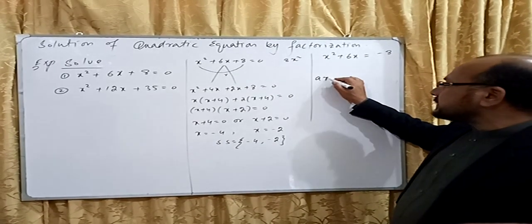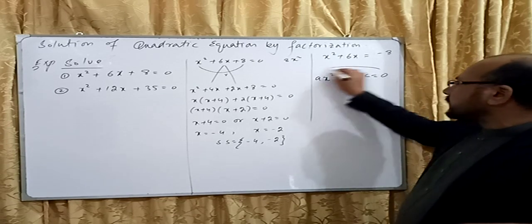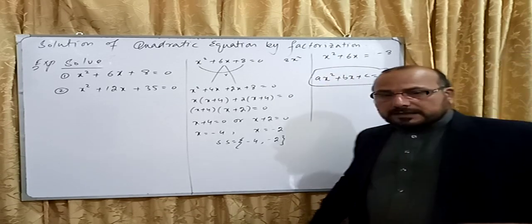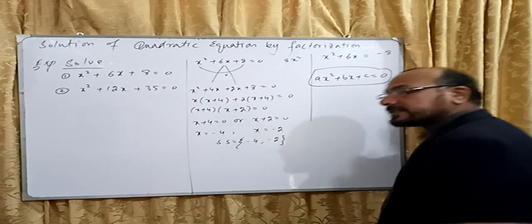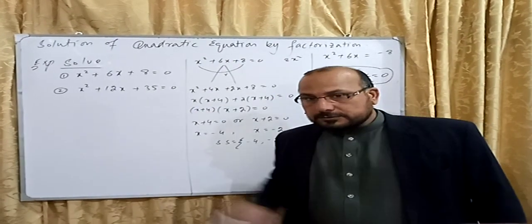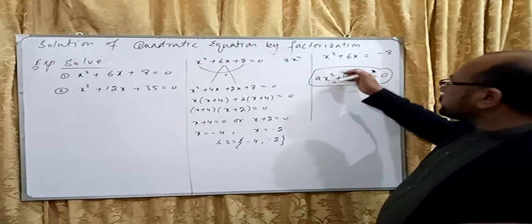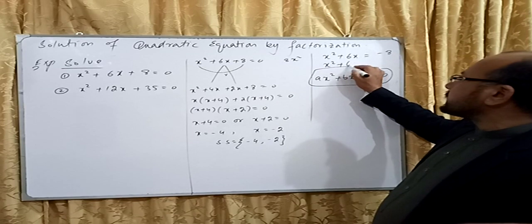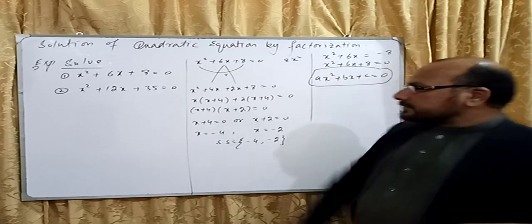The standard form says ax square plus bx plus c equal to 0. This is basically the standard form, which means that the right hand side should be equal to 0. So first you have to move these terms to the other side, like this: x square plus 6x plus 8 equal to 0. Now you can make the factors.